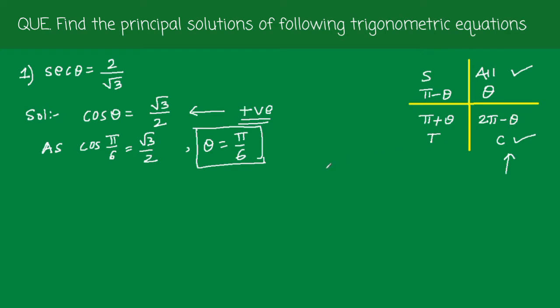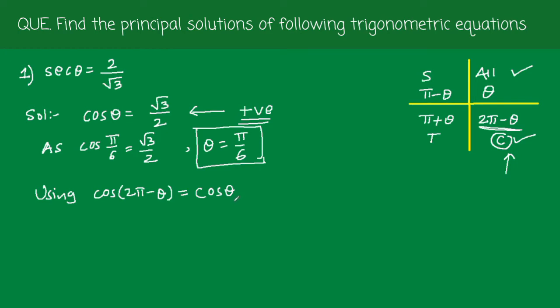Now in this case, as the value of cos is positive in the fourth quadrant, the next positive value is in the fourth quadrant. So we are going to write the allied angle formula using cos of 2 pi minus theta. It is equal to cos theta, because remember 2 pi minus theta means the fourth quadrant, and in the fourth quadrant cos is positive, so it is plus cos theta.